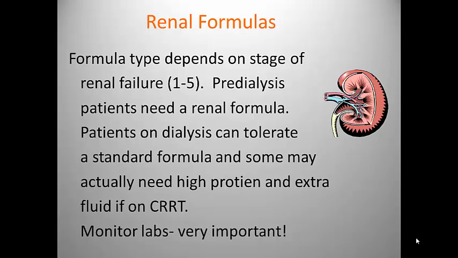Standard calorie products are appropriate for patients who are on dialysis. Renal formulas are not appropriate for patients undergoing continuous dialysis as their protein and fluid needs are much higher. It will be important to monitor potassium, phosphorus, and magnesium in these patients.